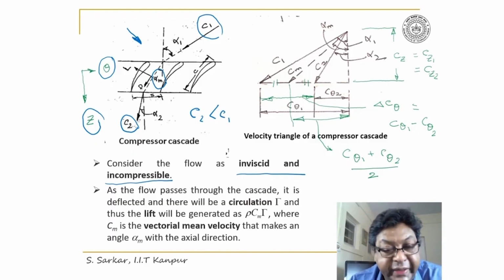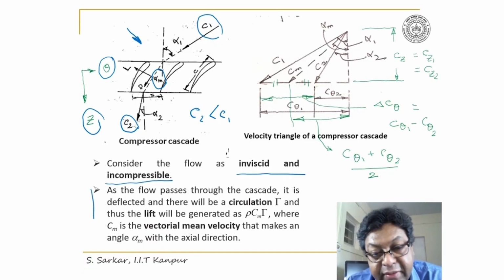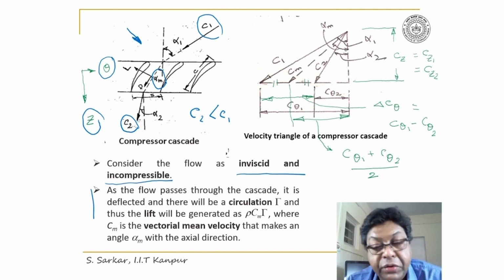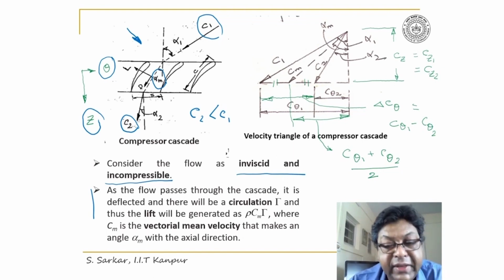I have already stated that as the flow passes through the cascade, it will be deflected, and thereby a circulation gamma will be generated, and thus the lift, which is equal to rho Cm into gamma, where Cm is the vectorial mean velocity that makes an angle alpha m with the axial direction.